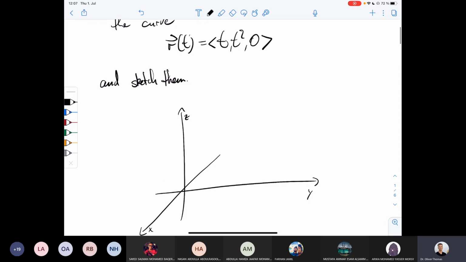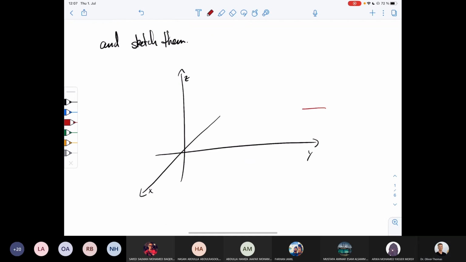And now if we plot our r of t, then of course, this is just our standard parabola in the xy plane. So we get something like this, right? So let's plot that. Okay, so this graph here, this is r of t, walking in this direction.